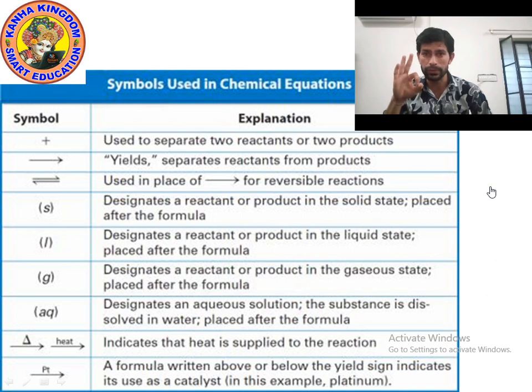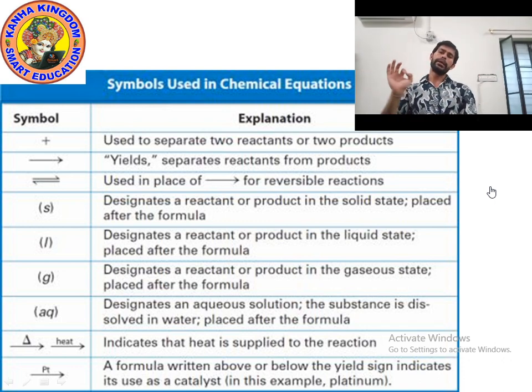So it is representing a catalyst. Catalysts are substances which increase the speed of a chemical reaction. So all these are the symbols we use in chemical equations. Above the arrow we show heat by using a triangle.